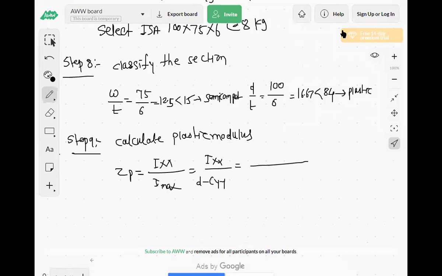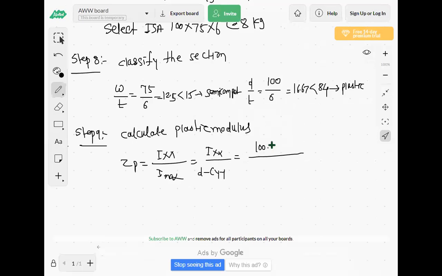Ix6 value is 100.9 into 10 raised to 4, and Cyy value, D is here 100 minus Cyy value.